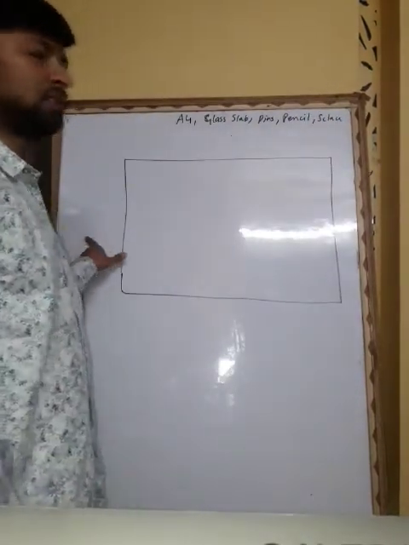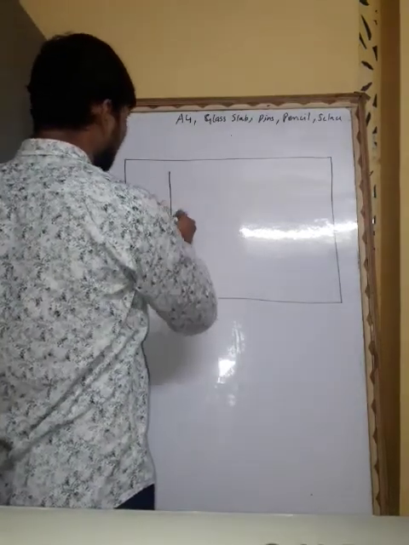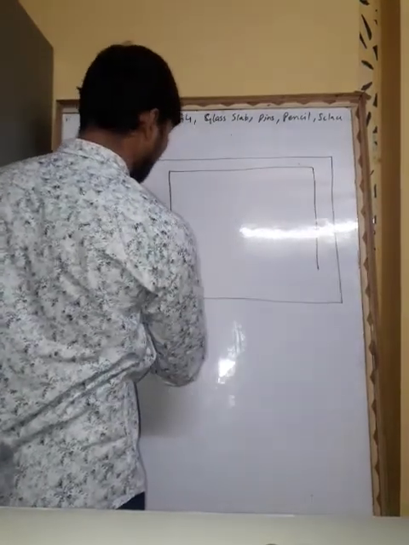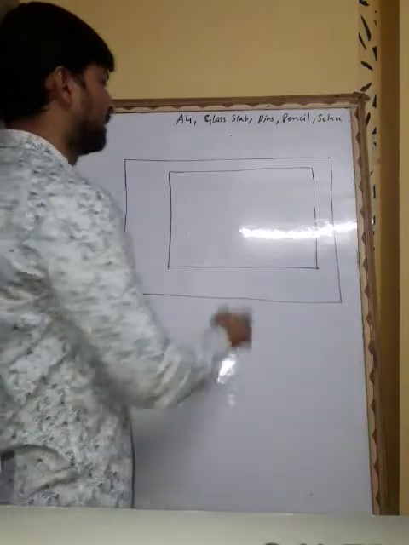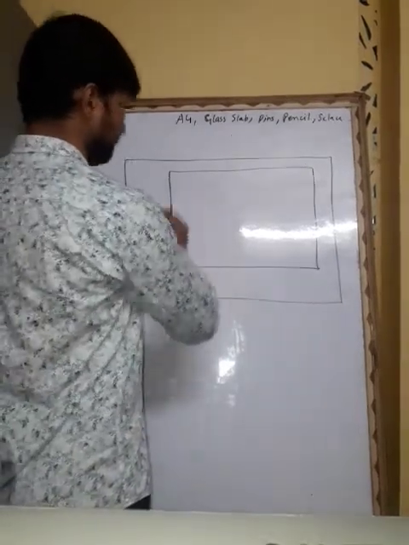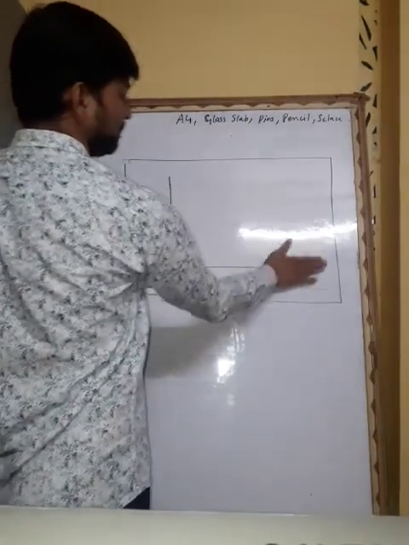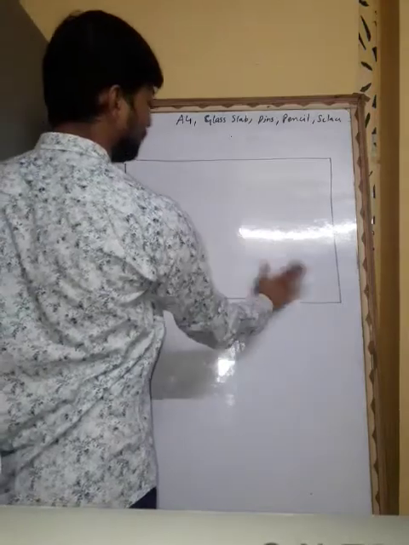First, we place an A4 size sheet on the wooden block. This is my wooden block and this is my A4 sheet. The diagram will be too small for you to see.